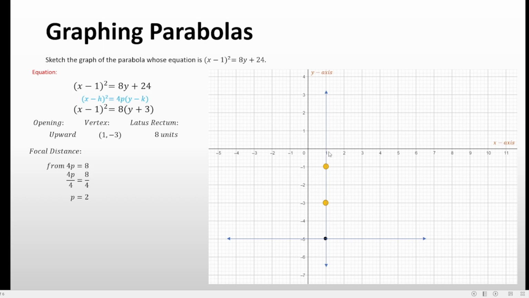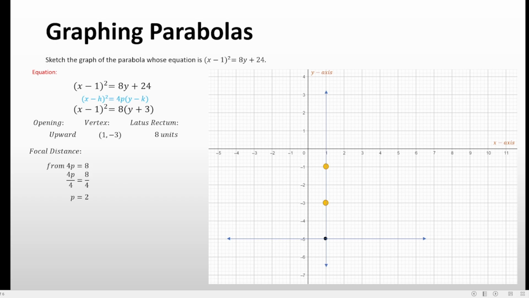Based on the takeaways that I gave to you last time in the first video, the axis of symmetry passes through the focus and the vertex of the parabola, and it is perpendicular to the directrix. So if the directrix is horizontal, then it follows that our axis of symmetry is vertical.